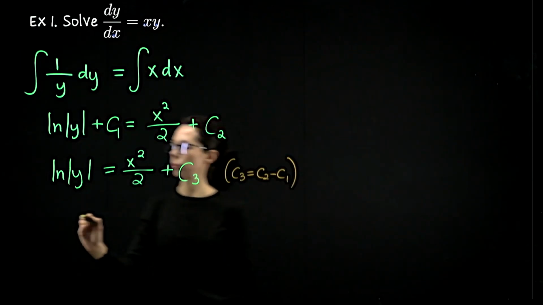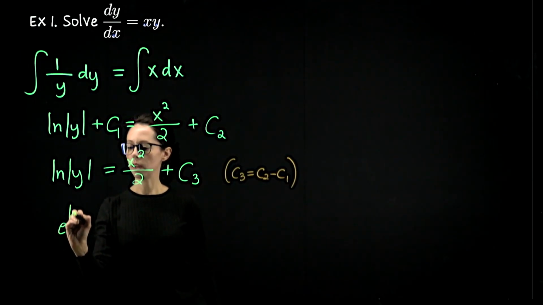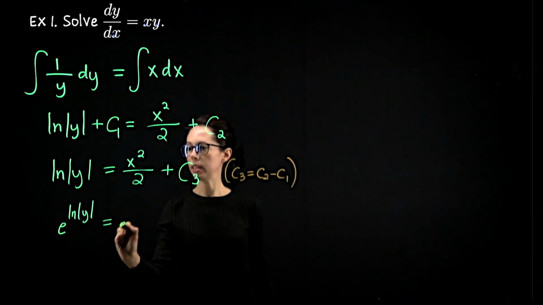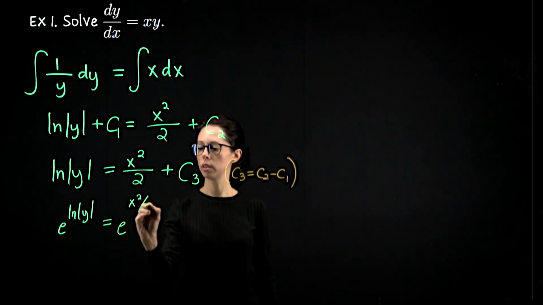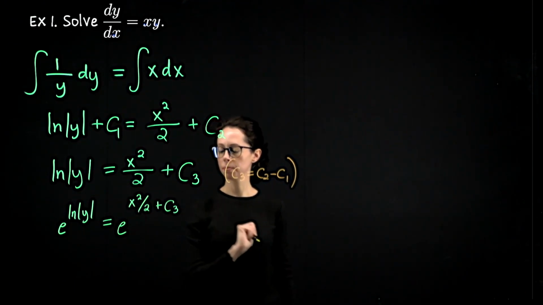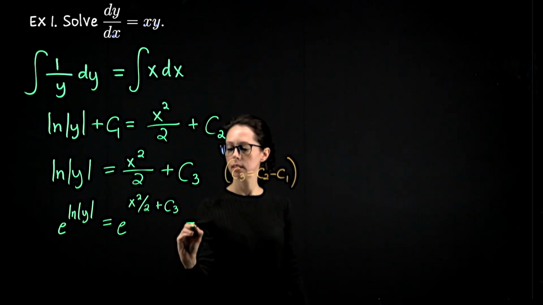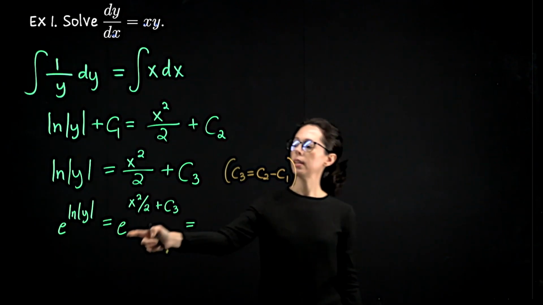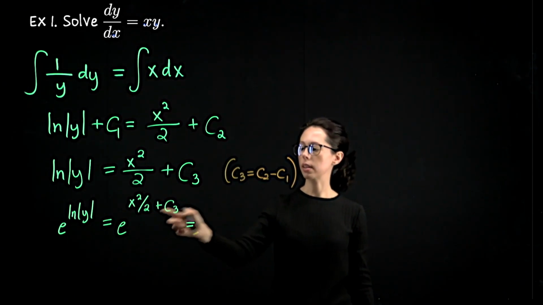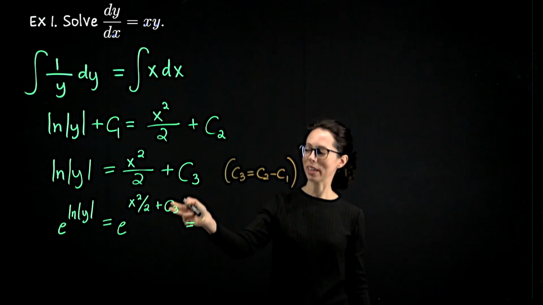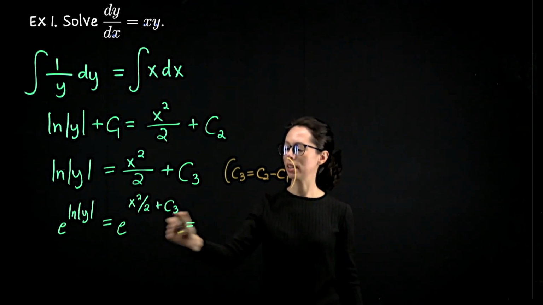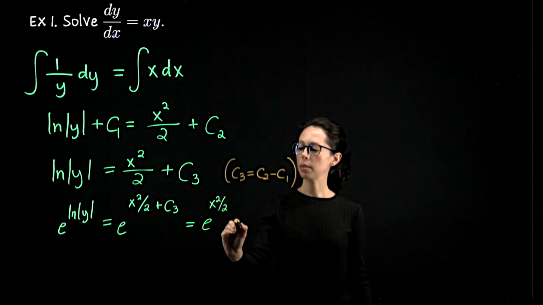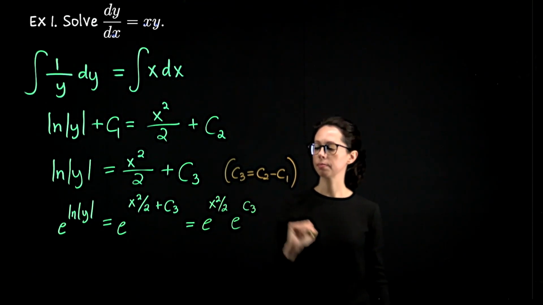On the left-hand side, we will have e to the natural log of the absolute value of y, and on the right-hand side, we'll have e to the x squared over 2 plus c3. By laws of exponents, e to something plus something is the product of e to the first term times e to the second term. That means this expression can be rewritten as e to the x squared over 2 times e to the c3.